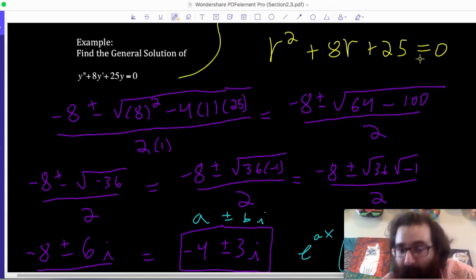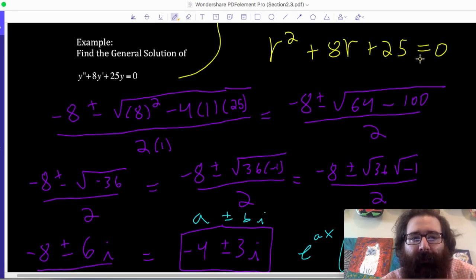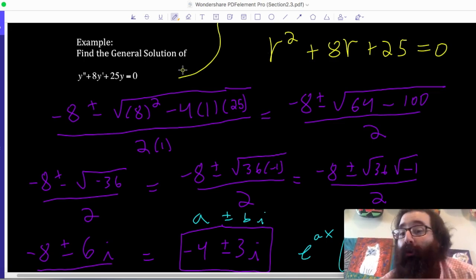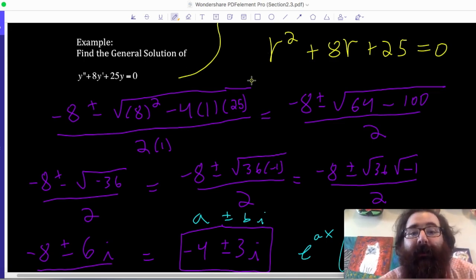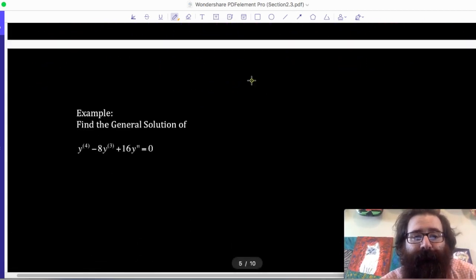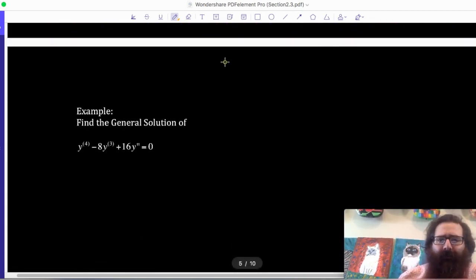There's definitely something we're noticing aesthetically, some similarity between how the differential equation looks and how the characteristic equation looks. So I think it's reasonable, once we get comfortable with this, to go directly from the homogeneous differential equation into the characteristic equation. Let me jot down some ideas here. So let's say we have y prime, y double prime, y's third order derivative, y's fourth order derivative.